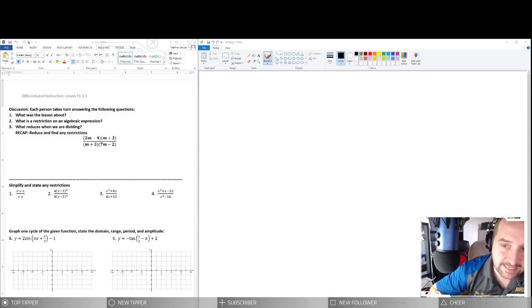Dude, am I lagging? Do you guys know if I'm lagging or is everything okay? I need some feedback here, because this little meter is spiking. There's lag. Why is there lag?